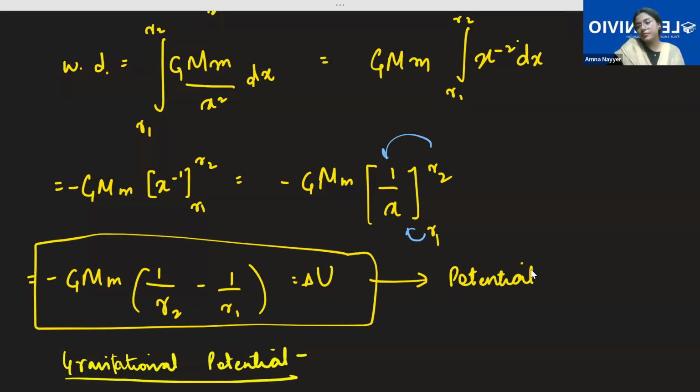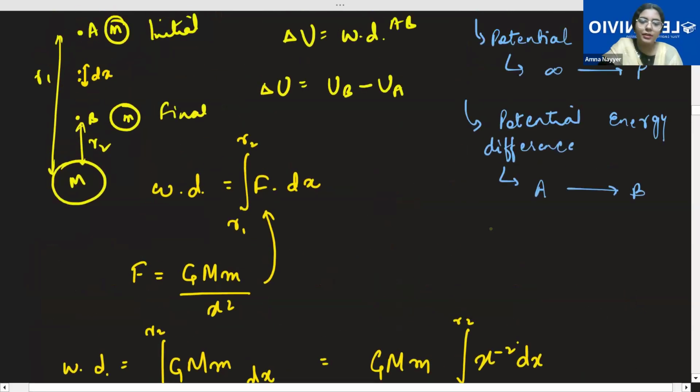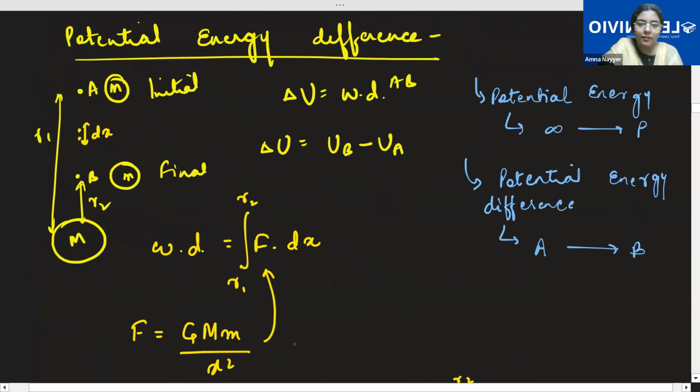Potential and potential difference have this major difference. Is it clear to all? Okay, please write it. Then we'll start with gravitational potential.